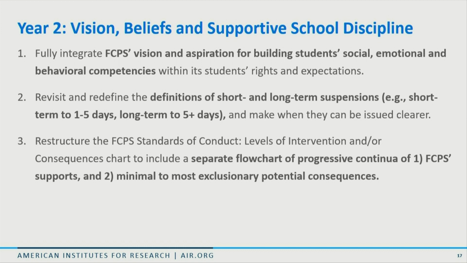Again, we talked about restructuring the standards of conduct for students, where the levels of interventional consequences chart is separate. And I think that the committee of the team is already working on this. Right now, page 20, I believe it is. It's a shame that I know that. For the level A and B and C infractions, currently is a running list or a bit of a hodgepodge, if you will, of interventions and consequences.